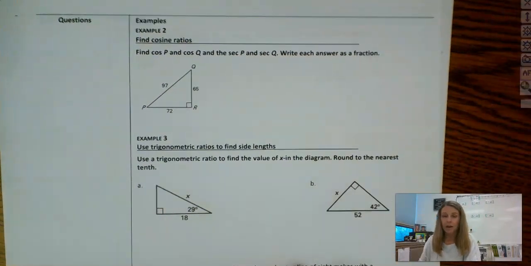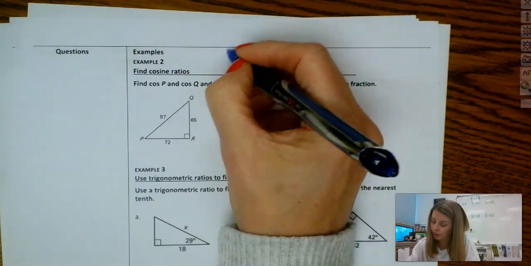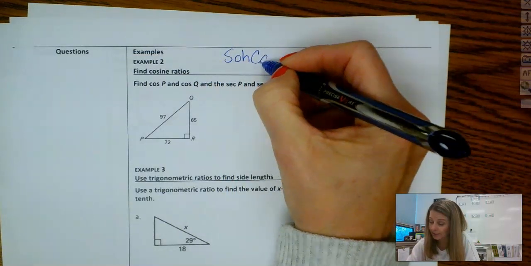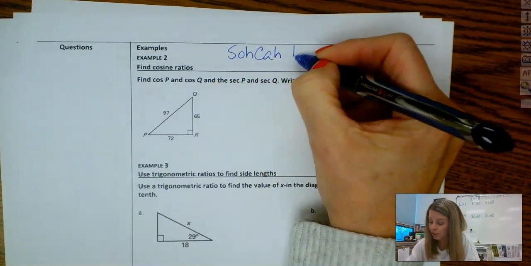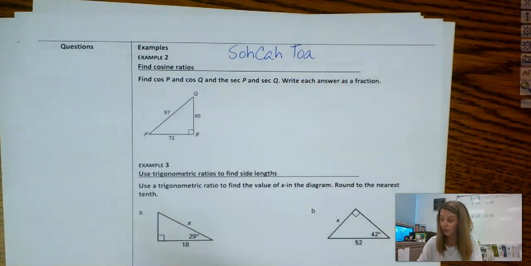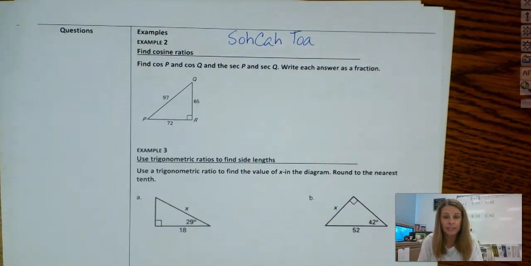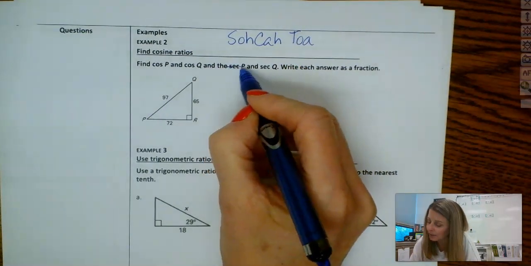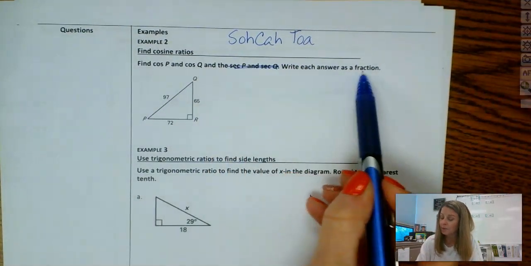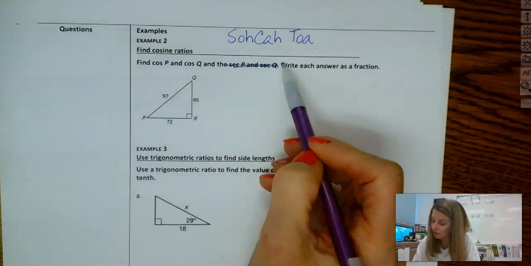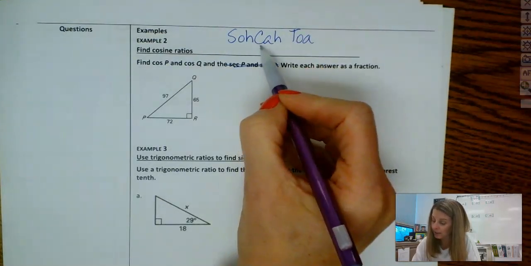All right, I'm going to write my acronym here at the top, SOHCAHTOA. All right, find the cosine of P, the cosine of Q, and then the secant of P and Q. We're going to skip secant. And then we're going to write each answer as a fraction. All right, so I want to think cosine.